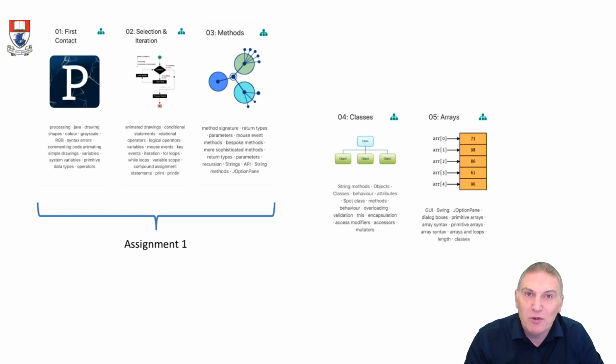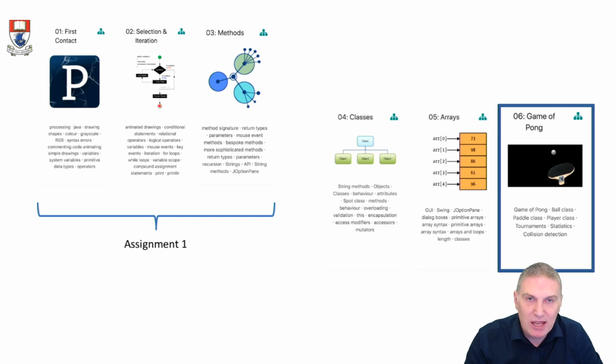This brought us on to overloading and encapsulation. We talked about getters and setters, otherwise known as access modifiers and access mutators. And then we combined our objects with arrays so that we could create an array of objects. And week 5 was primarily about getting comfortable with arrays.